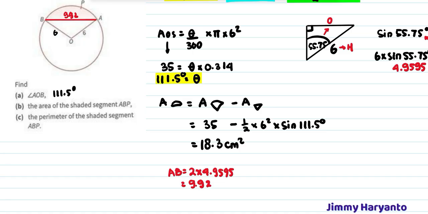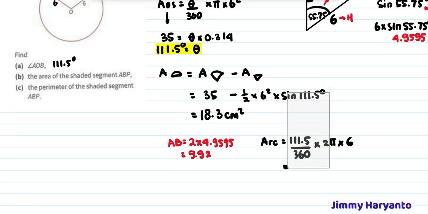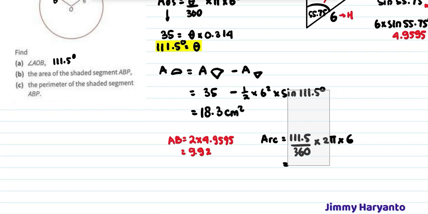Next is to find the arc length. The arc length is theta, 111.5 divided by 360, times 2 pi times the radius 6. Let's calculate this. The answer is 11.68.